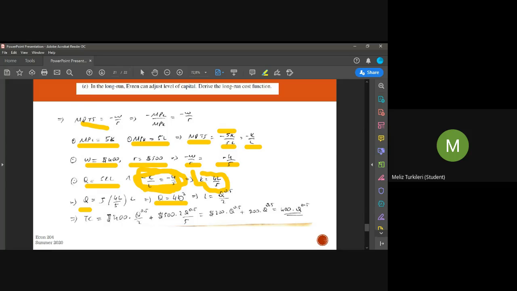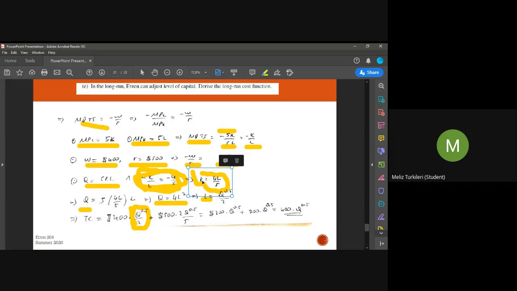And if you leave L alone, you can find that L should be equal to quantity to the power 0.5 divided by 2. Then plug this information into the total cost function. Write K as a function of quantity. Since you know L as a function of quantity, you can plug this information into this part.